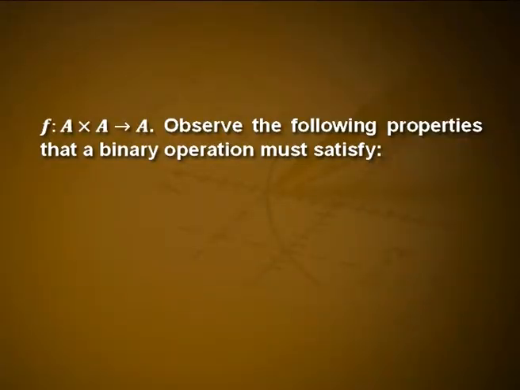A binary operation on a set A is an everywhere defined function f from A cross A to A. Observe the following properties that a binary operation must satisfy.